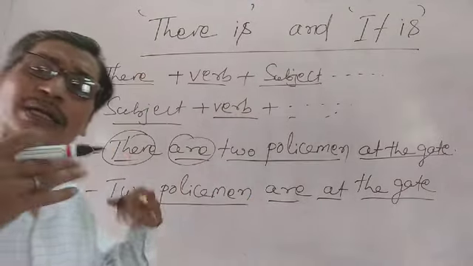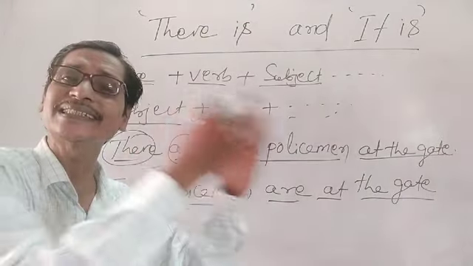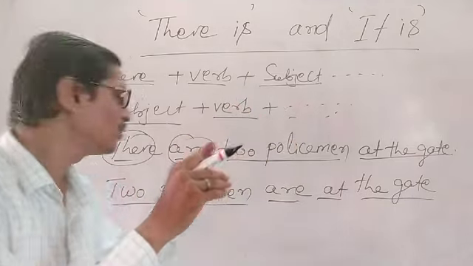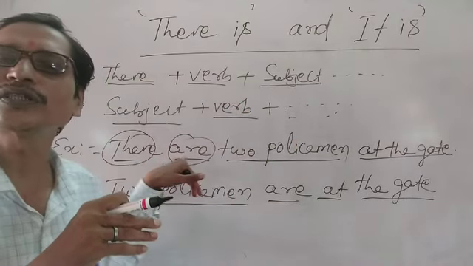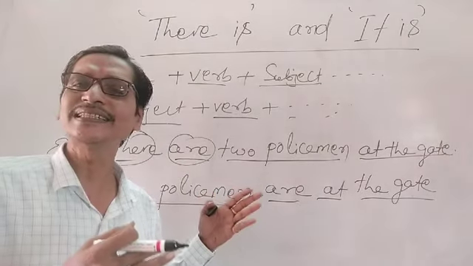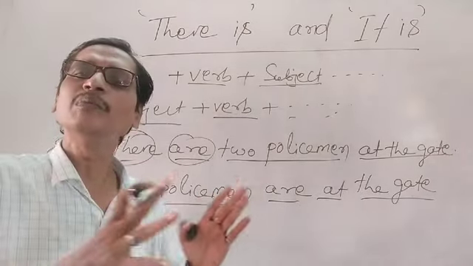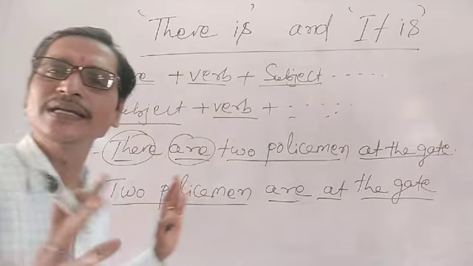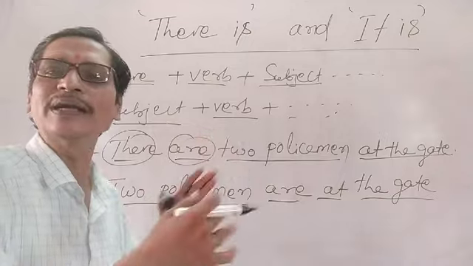Understand? So when we mean that something is existing or present, we usually use there plus be verb, so that our sentence is clearer, grammatically better, and easier for everyone to understand.